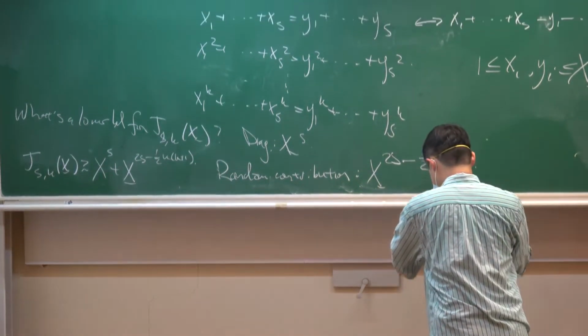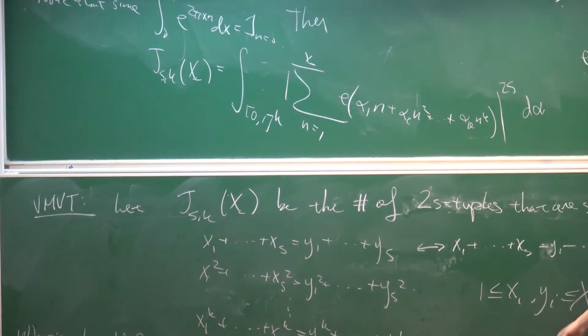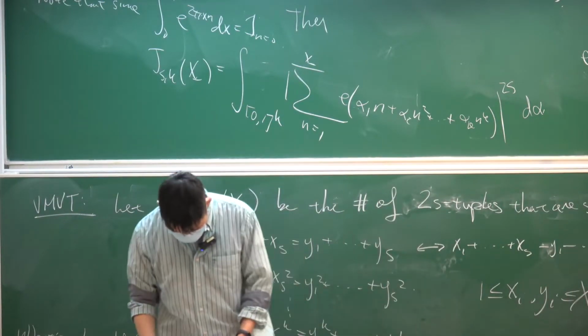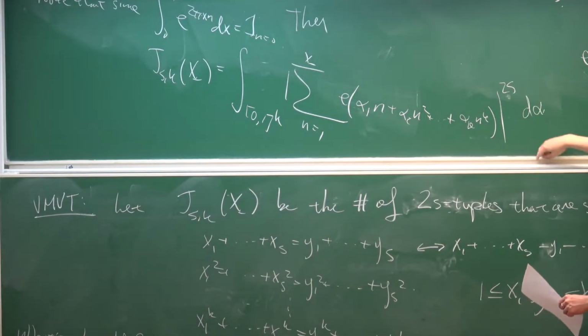So, what does the conjecture turn into? Well, it says the L2s norm of this exponential sum is bounded by that right-hand side, by 2 terms. And by interpolation, you can compute the L2 norm when s is equal to 1.